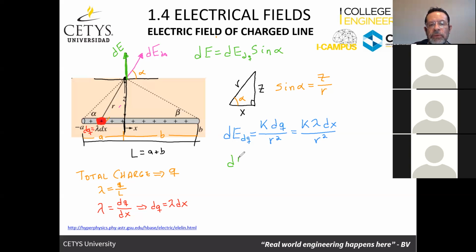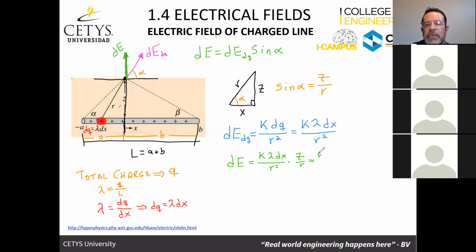dE, which is what I'm looking for, is k lambda dx divided by r squared multiplied by z divided by r.